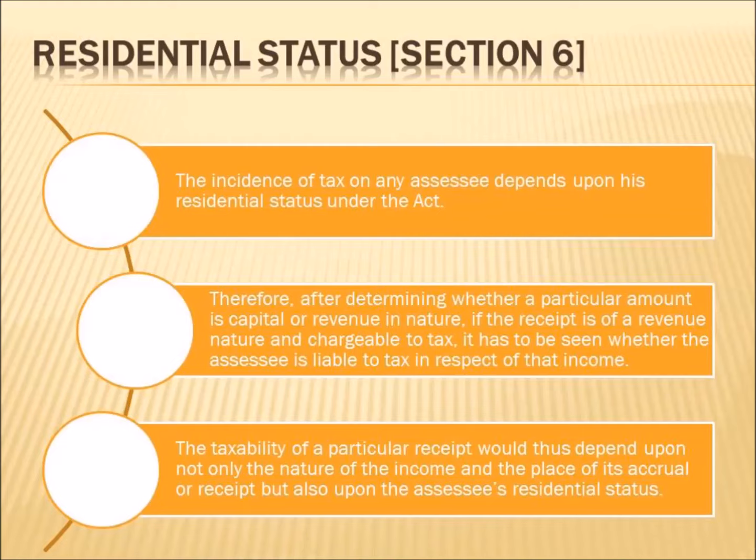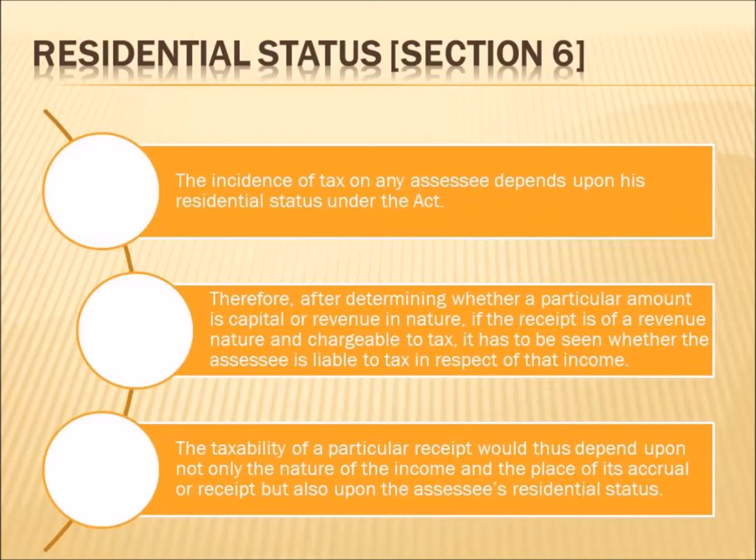And after we determine his residential status, we will be able to classify whether in respect of that income which is of revenue nature, the assessee is liable to pay tax or not. So, for the purpose of determining whether the assessee is liable to tax in respect of that income, we have to determine the residential status of the assessee.